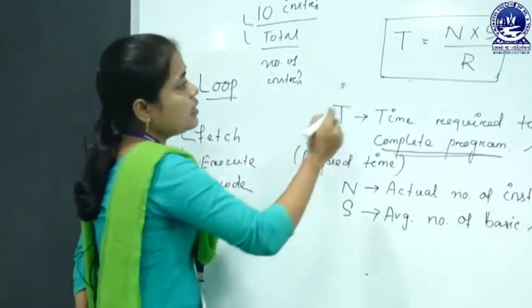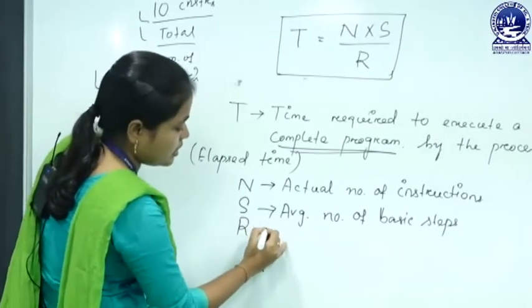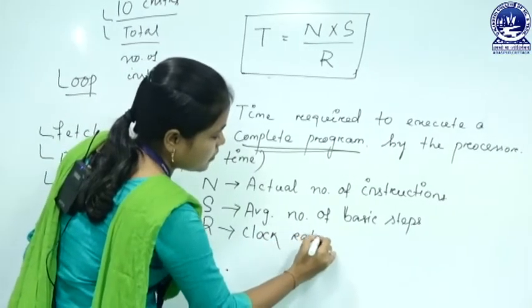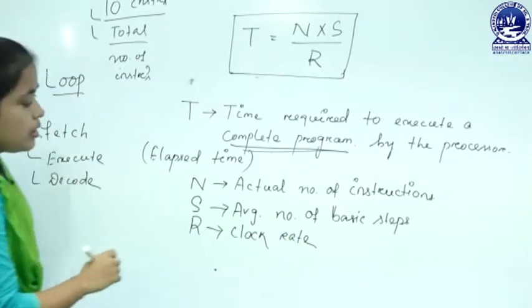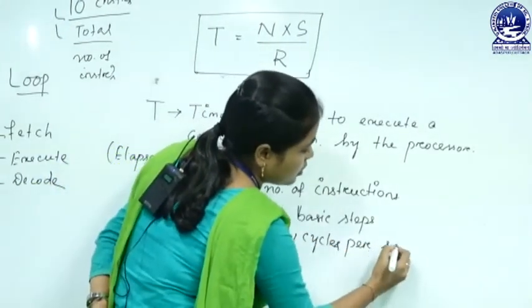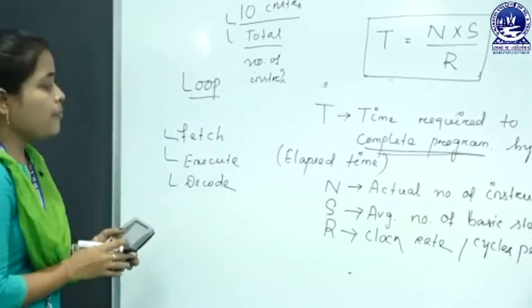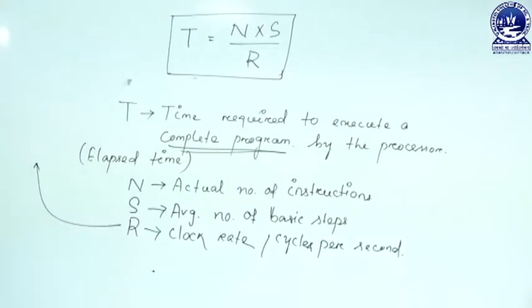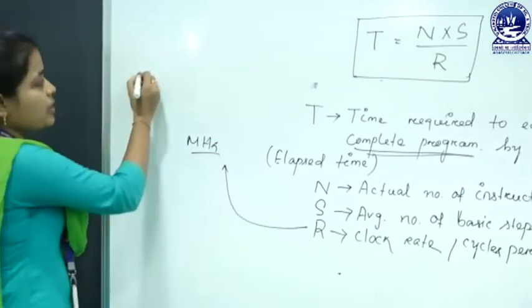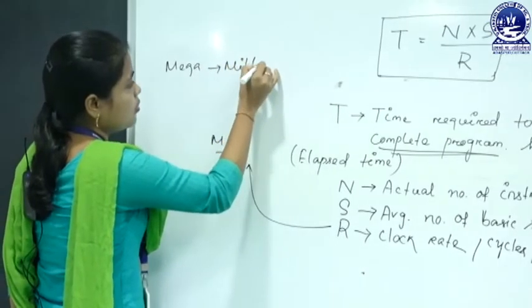And what is the value of R? R represents the clock rate, the term is cycles per second. We can also measure R in hertz. Megahertz means million.